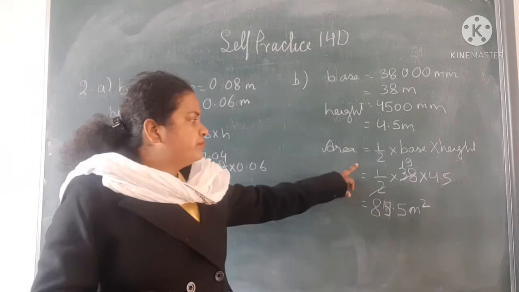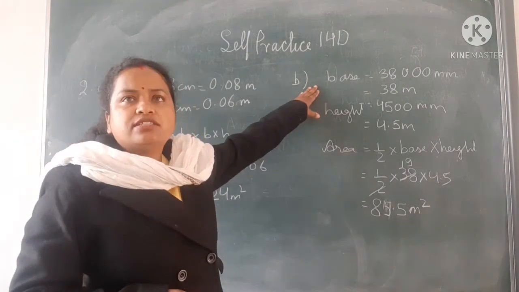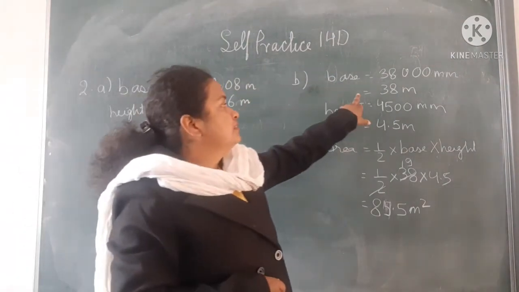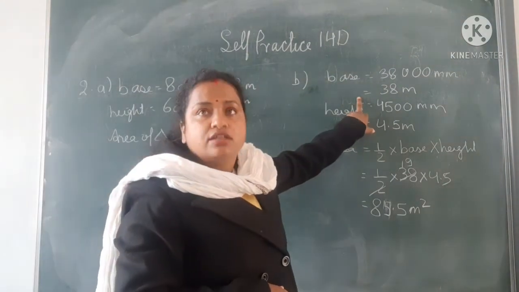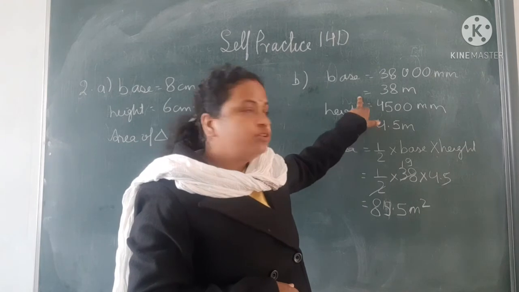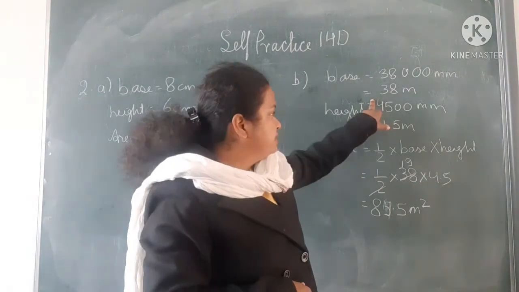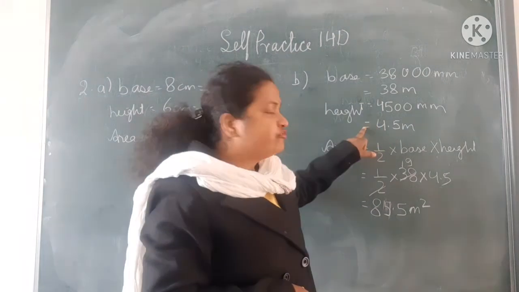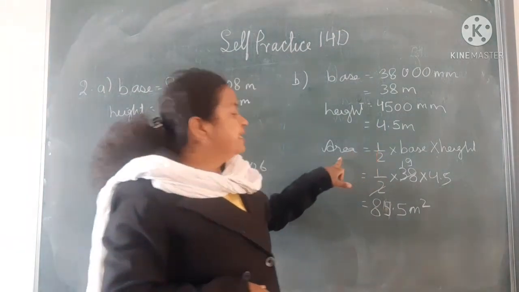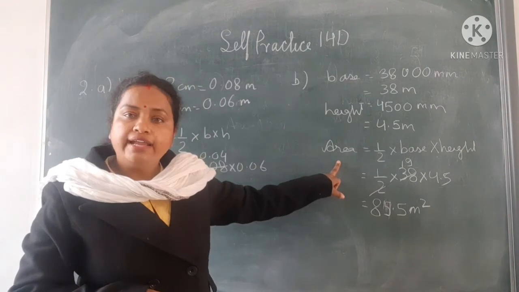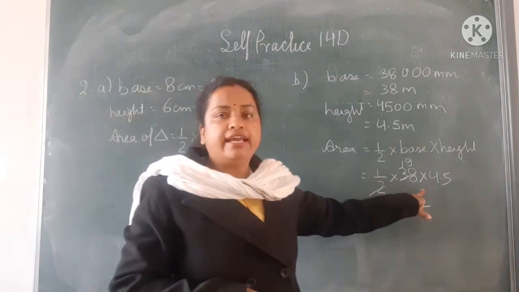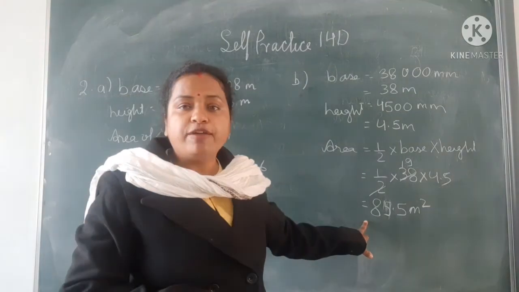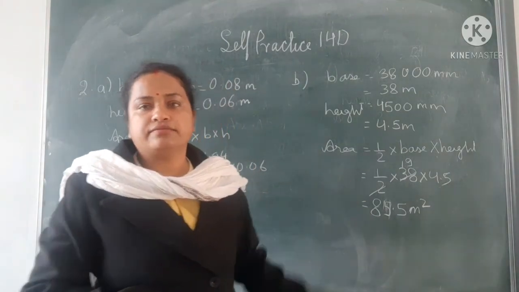Here you see firstly base is 38,000 mm, so you divided by 1000, so you got 38 meter. 4500 is in millimeter. You divide by 1000, you got 4.5 meter. Then area is half into base into height, that is half into 38 into 4.5. After that you will get it as 85.5 meter square.